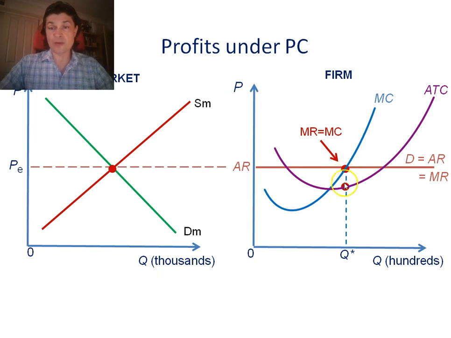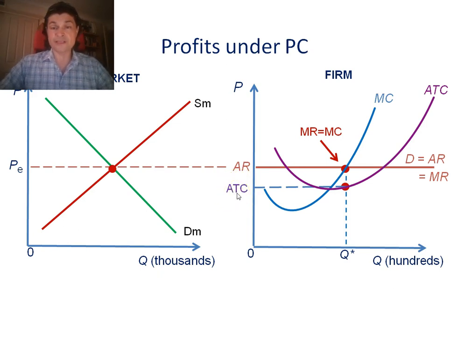The reason why we're interested in that point is because we're interested in the difference between the price at which we are selling the product and the per unit cost, which is basically the average total cost of that product being sold or being produced. So if we now project ourselves to the price axis, we get a dollar figure of what our per unit cost or average total cost is.